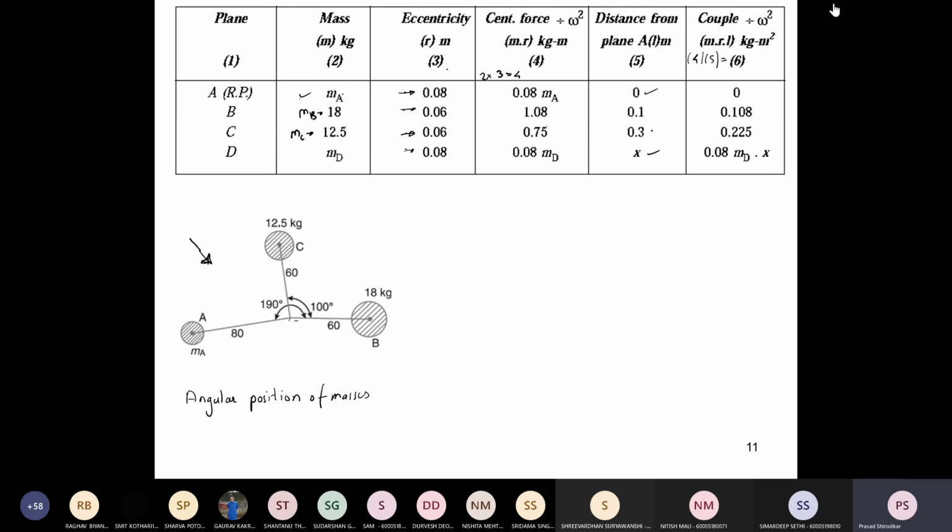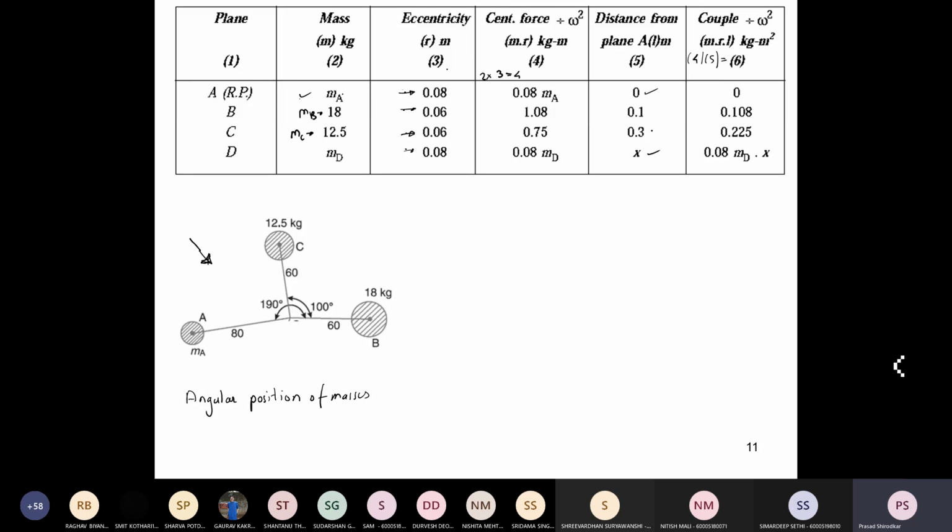If you are done with the table, just lower your hand. Okay, most of you are done.